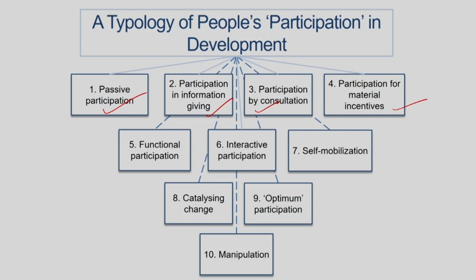Now, for example, even here in the case of material incentives, let us say some interventions are being carried out, some kind of scientific experiments. For example, nuclear testing in certain locations of a certain country, where the testing is being carried out on a piece of land which is held by a group of people in a certain village, where there is very scant habitation.